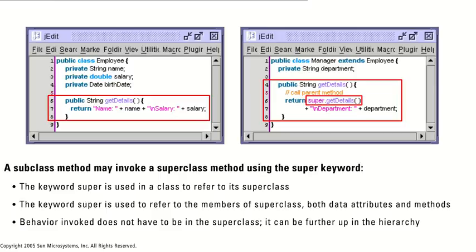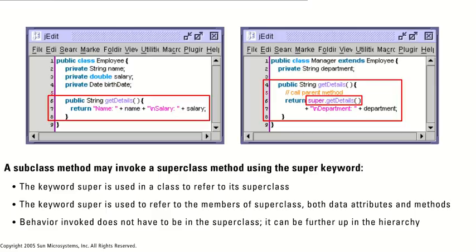We would like to use the behavior that we have inherited and then just add to it. This would be another example of good code reuse. So in this example, we would like to be able to still use the getDetails method from the employee class, but just add onto the string that it returns.